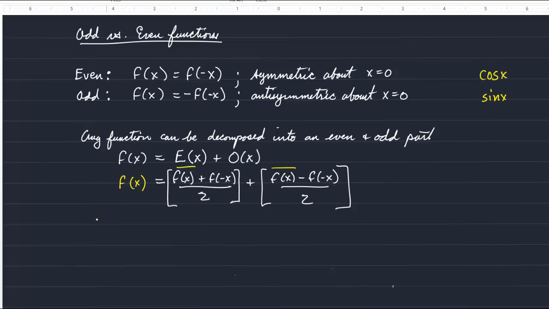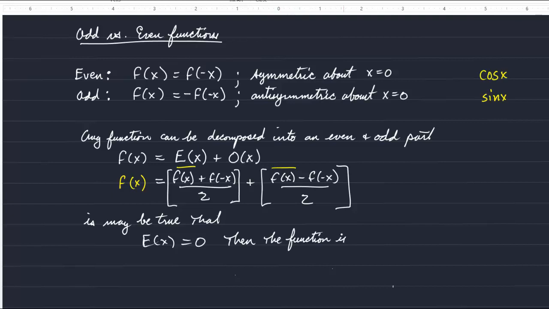Now, of course, it may be true that the even part is 0, right? If this part is 0, then the function is odd. Or it may be true that the odd part is equal to 0, and then the function is even. Okay?